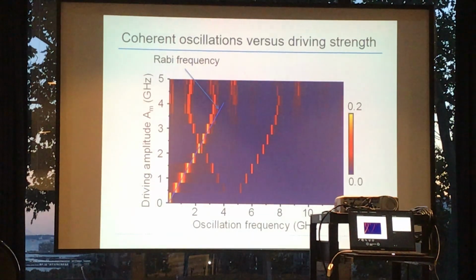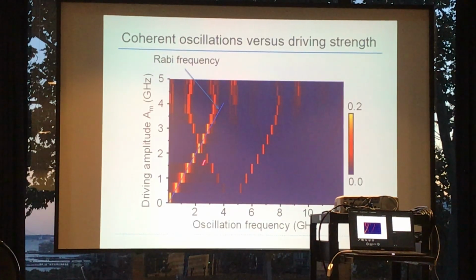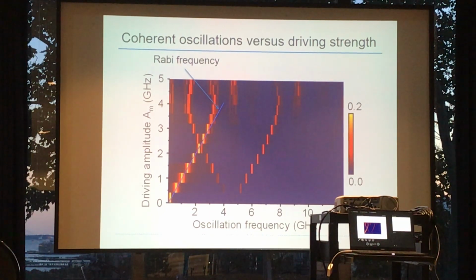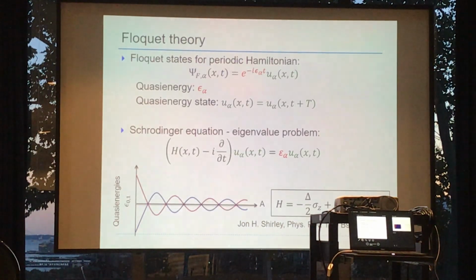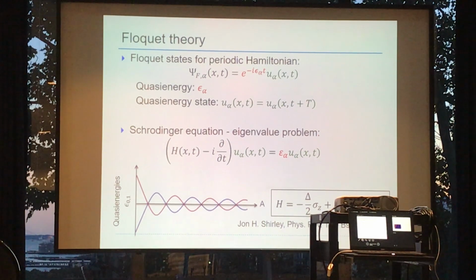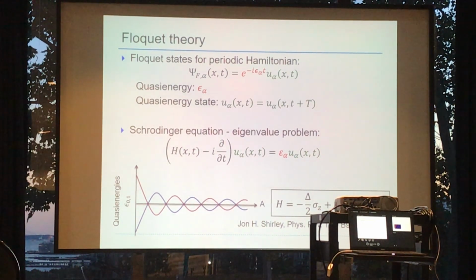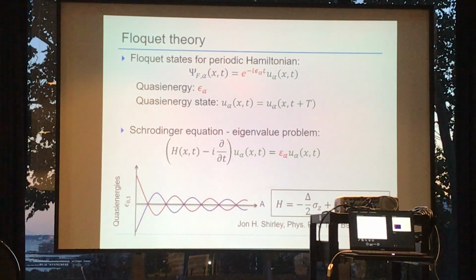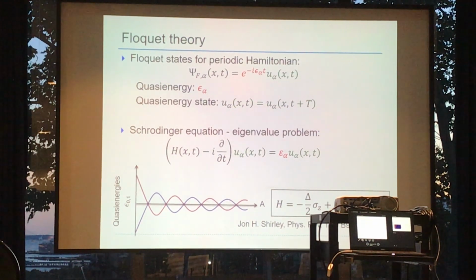As you can see, this is a relatively regular pattern, and it turns out that the proper framework to understand this is Floquet theory, which describes in general terms the solutions of the Schrödinger equation with the time periodic Hamiltonian.